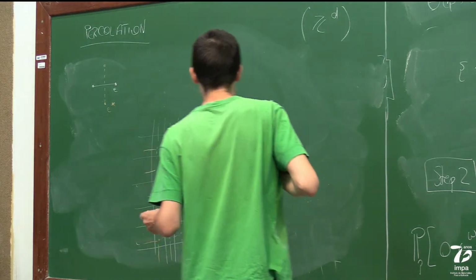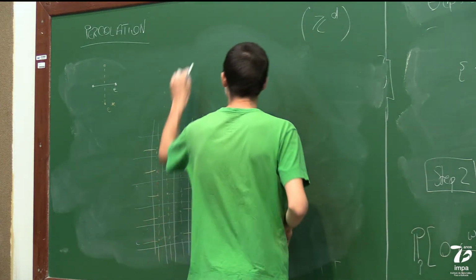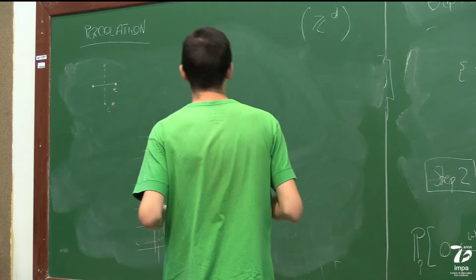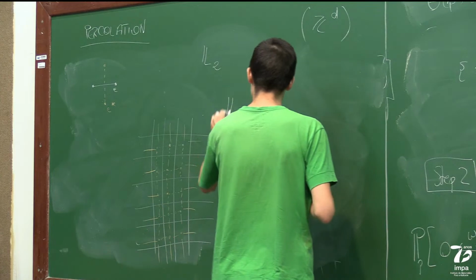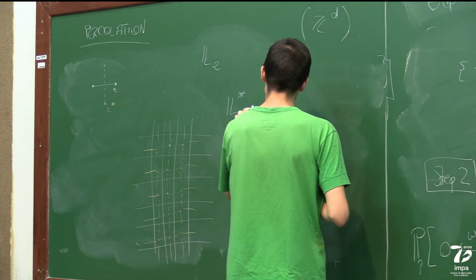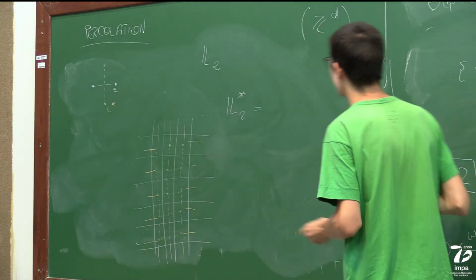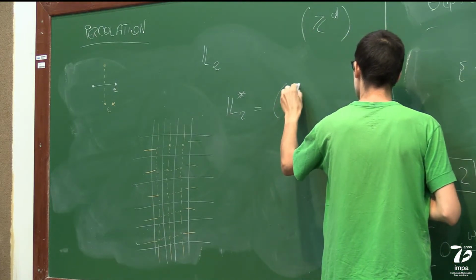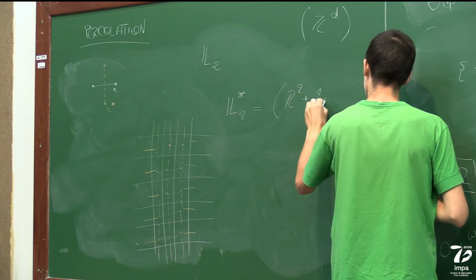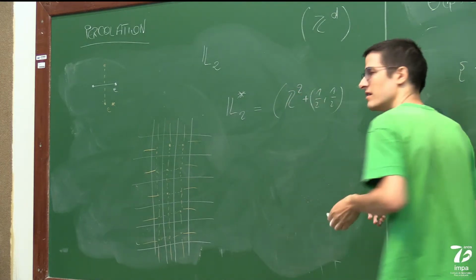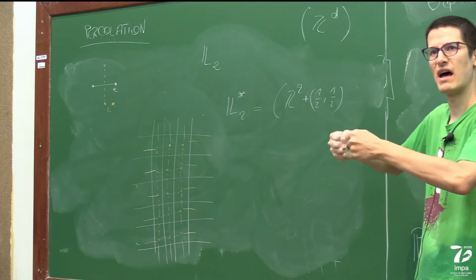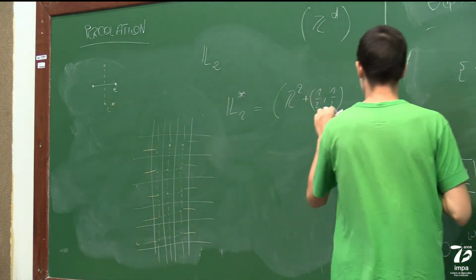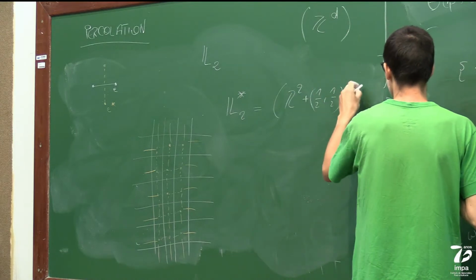Okay, so if my lattice is L^2, the lattice L^2 star is basically Z^2, but shifted by 1/2.